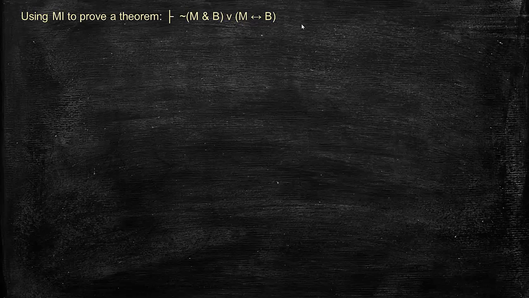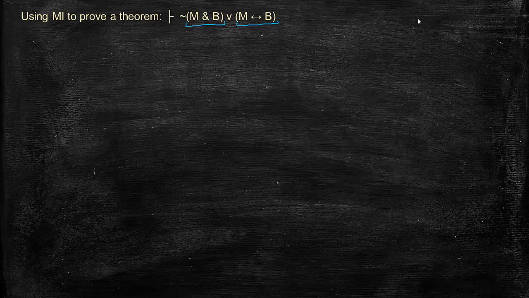But another way to think about this, and this comes in handy down the road, is to say, okay, look, this is a disjunction, and I know that every disjunction is actually a conditional by material implication, right? So think of it this way. Think of M and B as A. And so we've got not A or B, right?